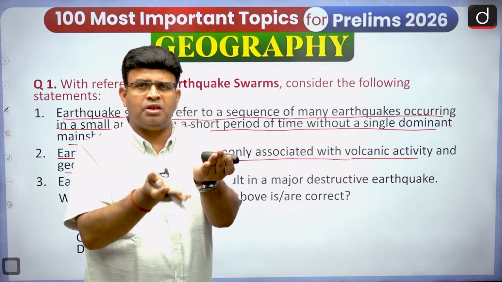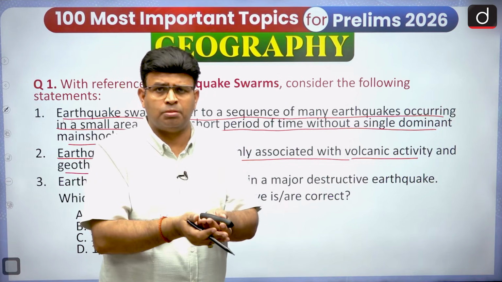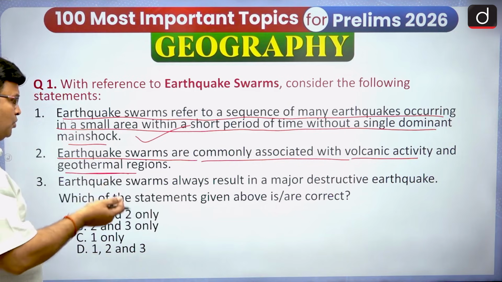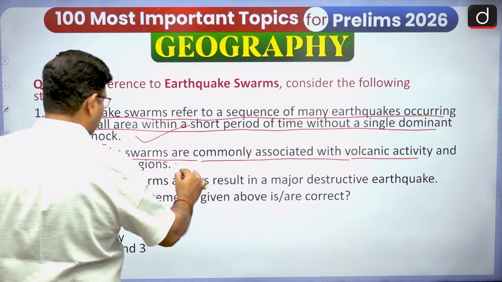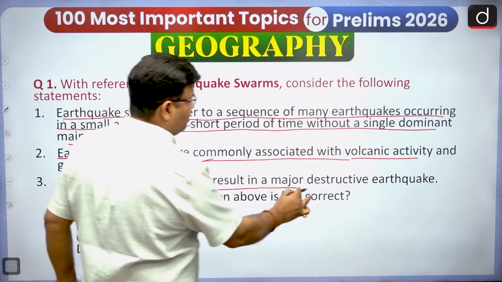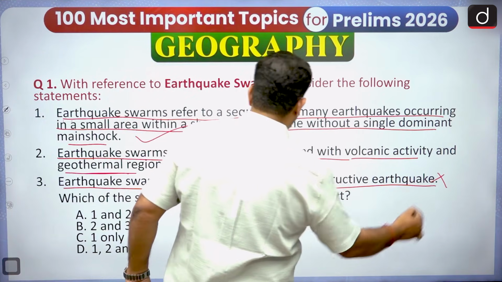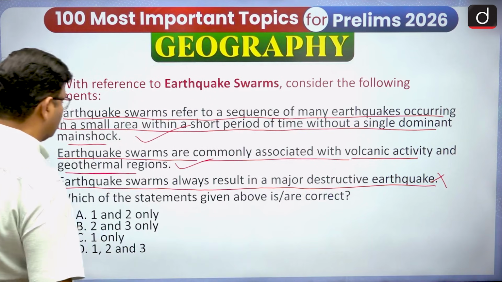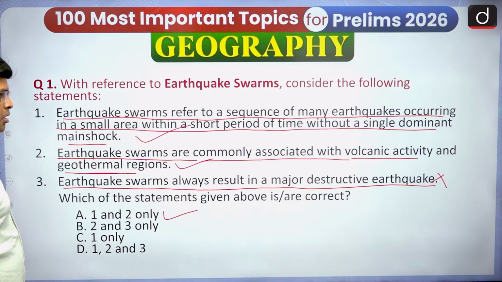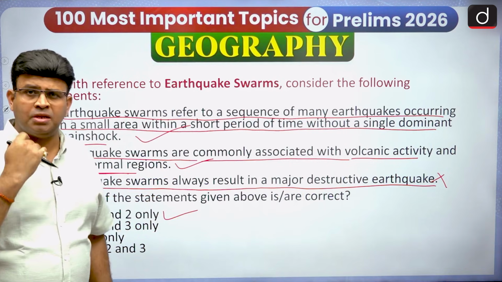This is a geothermal event, so this is also correct. Third: earthquake swarms always result in a major destructive earthquake? No. So only 1 and 2 are correct.